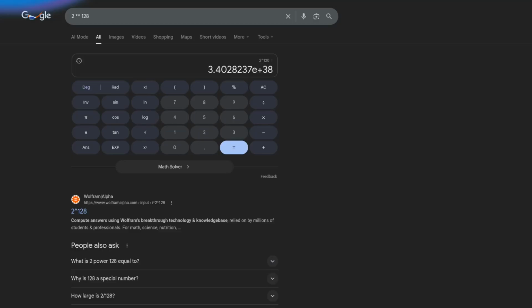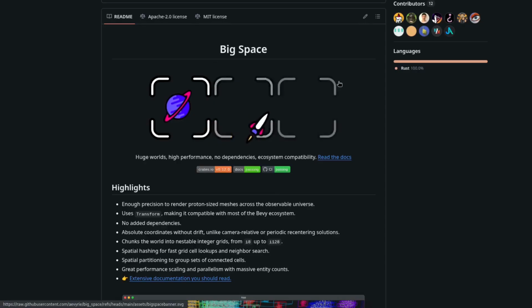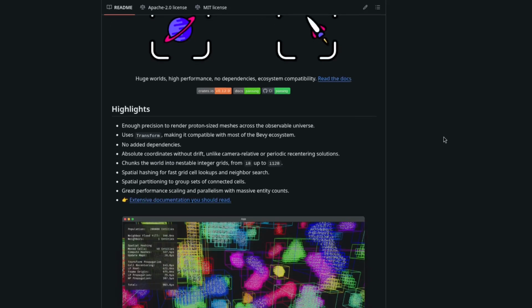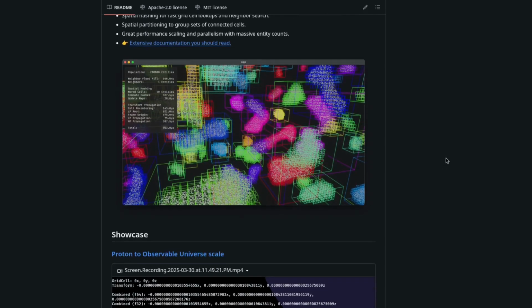Now, to be clear, I didn't invent this system, and I didn't even have to implement it on my own. This library right here, Big Space, implements this grid system exactly as I explained it.